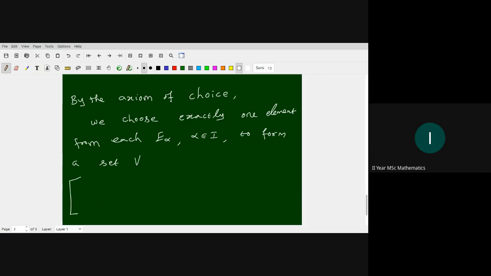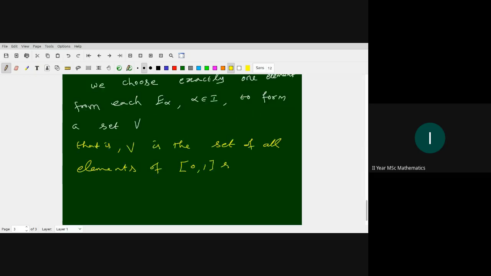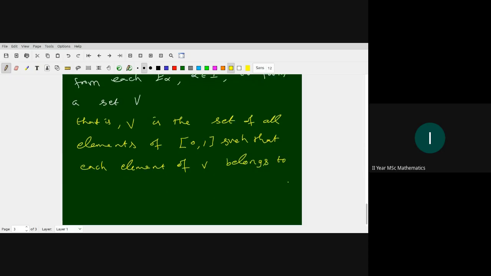I will write in this yellow color: V is the set of all elements of [0, 1] such that each element of V belongs to exactly one E alpha.